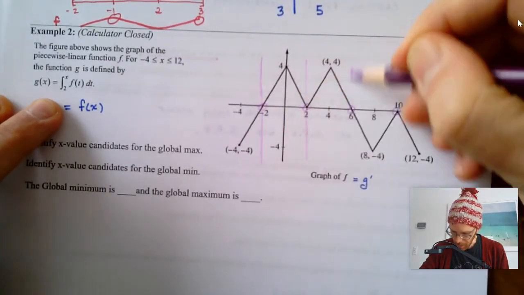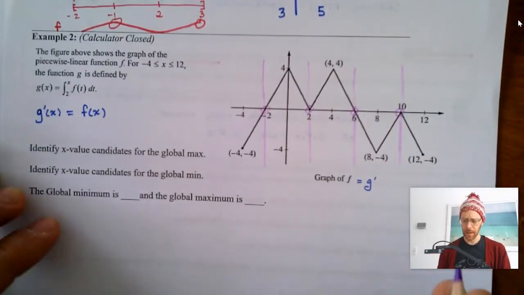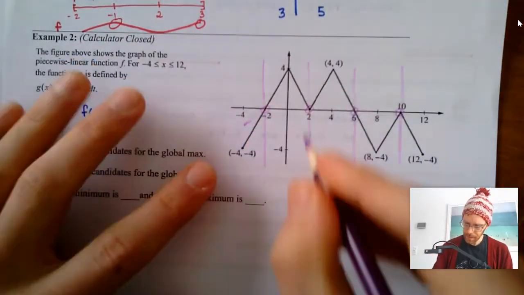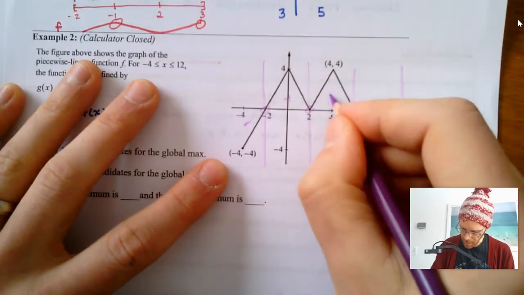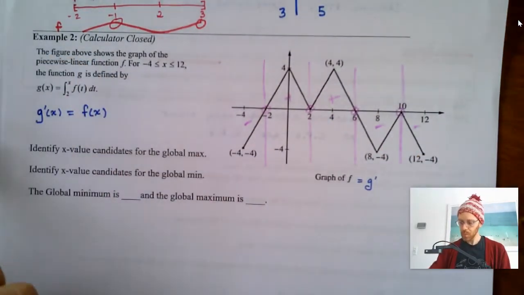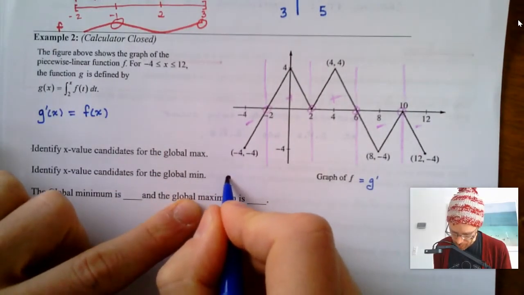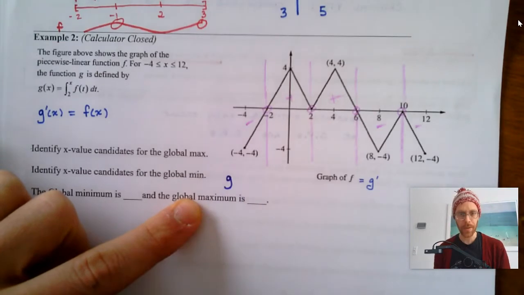Let's just separate this so that we can see our signs. Our sign chart kind of goes like this. Negative, positive, positive, negative, negative. Which means that while we don't know exactly what G is going to look like at the moment, we do know this.